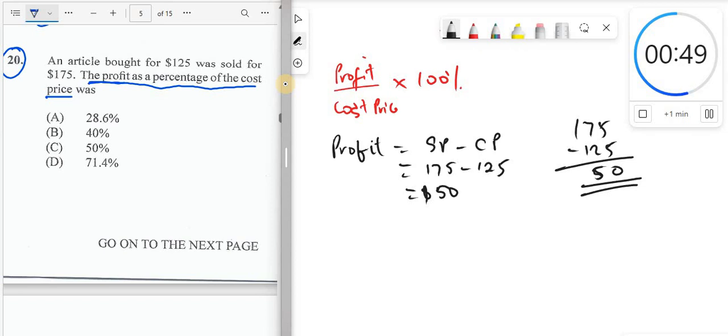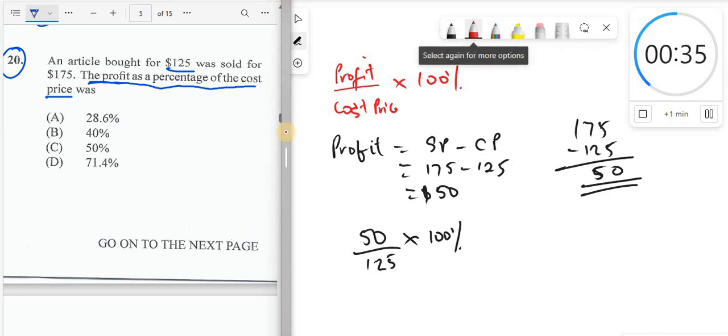So I'm going to put 50 over the cost price. It was bought for 125, so that's our cost price, 125. And I multiply it by 100% as seen in the formula. So what's our solution there, guys? Well, for a fact, we can divide by 25.